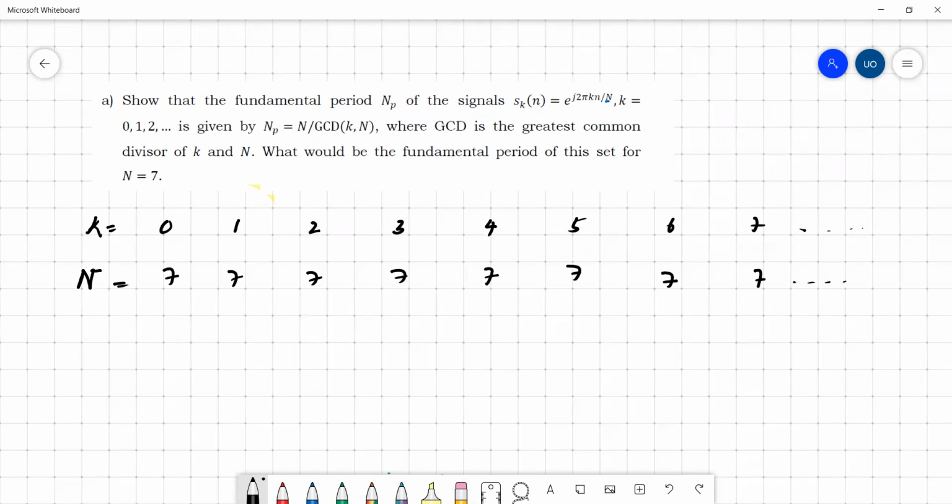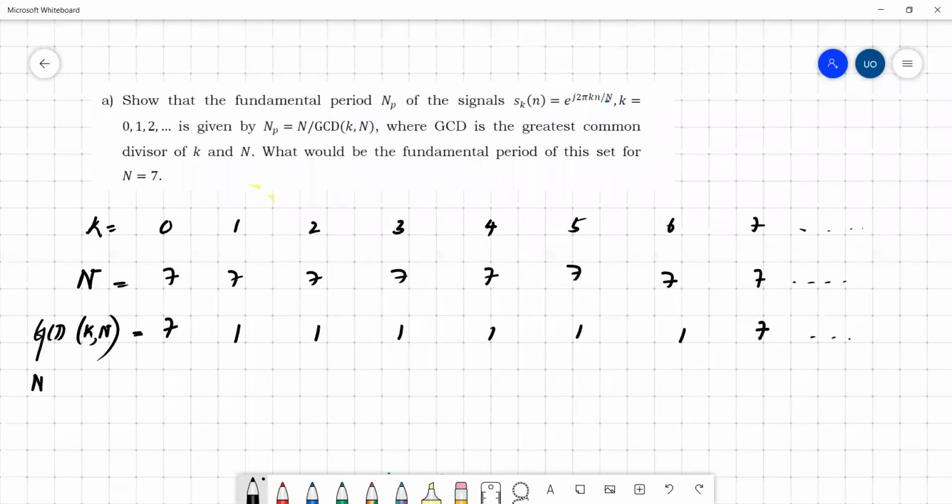Okay. So then what about GCD? GCD of K and N. In this case, it's 7. So the GCD of K and N is 7. For this case, GCD of 1 and 7 is 1. Here it's 7.